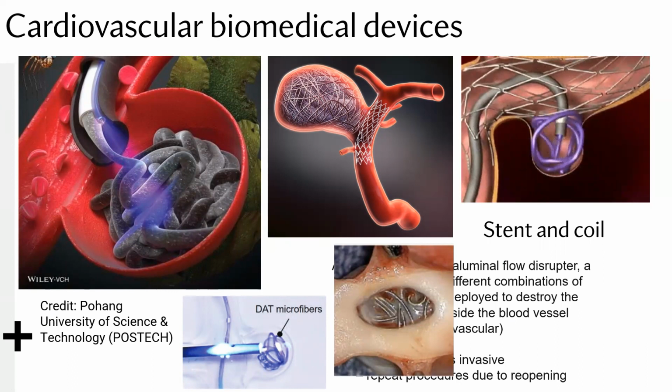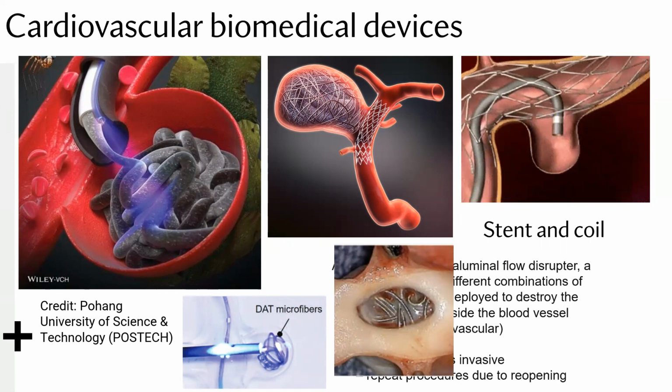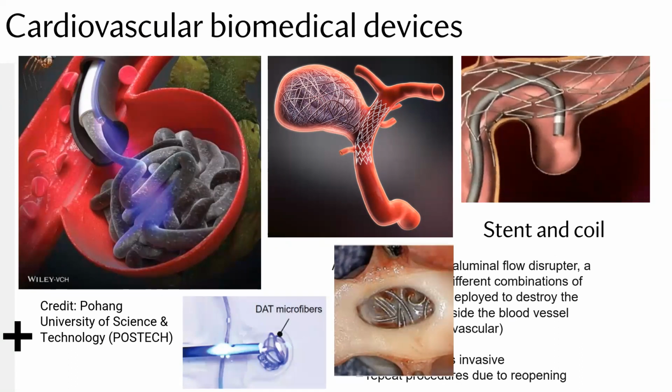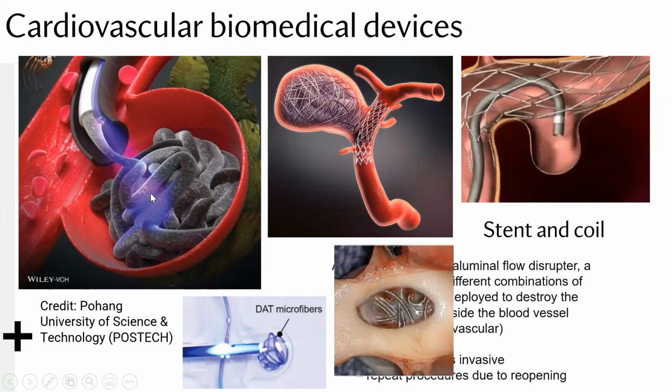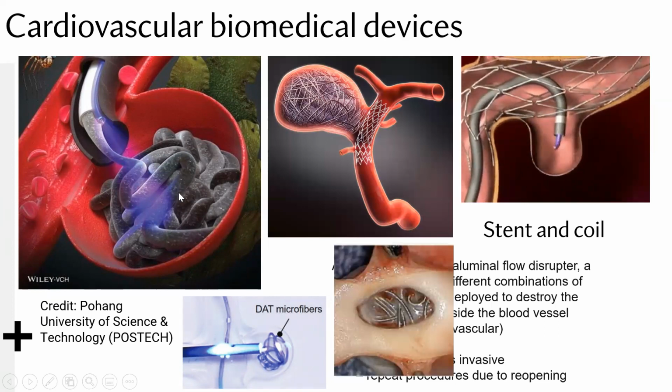And the idea here is that, similar to 3D printing, where you extrude a filament, they're actually printing into this aneurysm sac here. So they're extruding alginate, and this alginate hydrogel also has metallic particles in it.